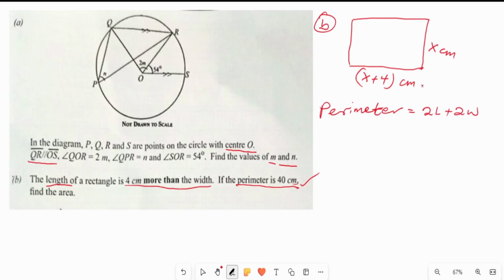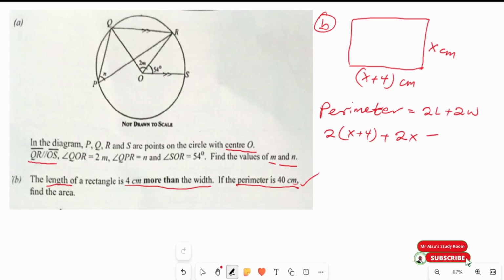So substituting that into the information here, you are going to have 2 times the length, which is x plus 4, plus 2 times w, which is x, because this is the length and this is the width, right? So we just substituted that in place of L and W respectively.